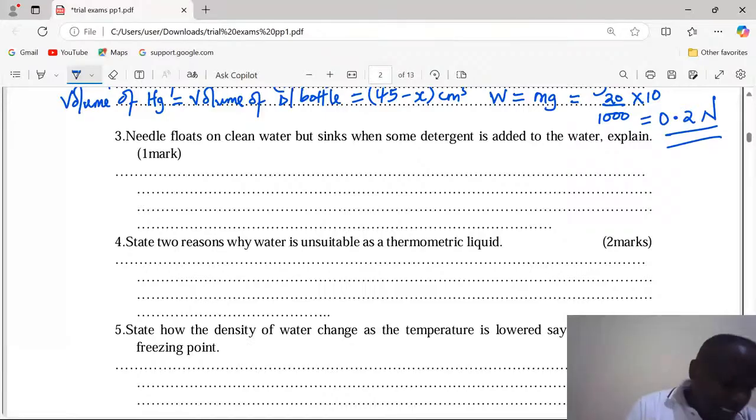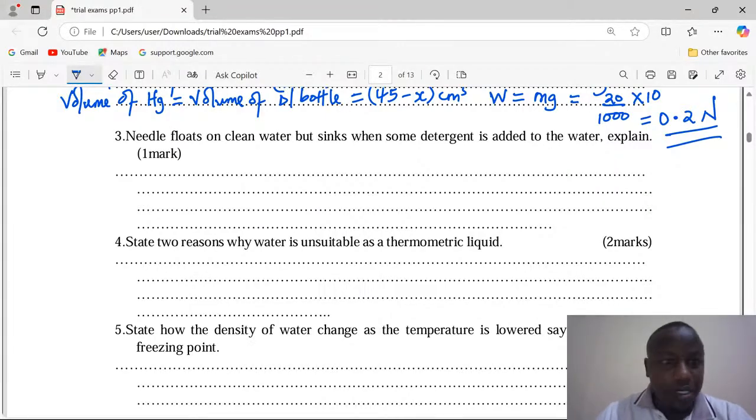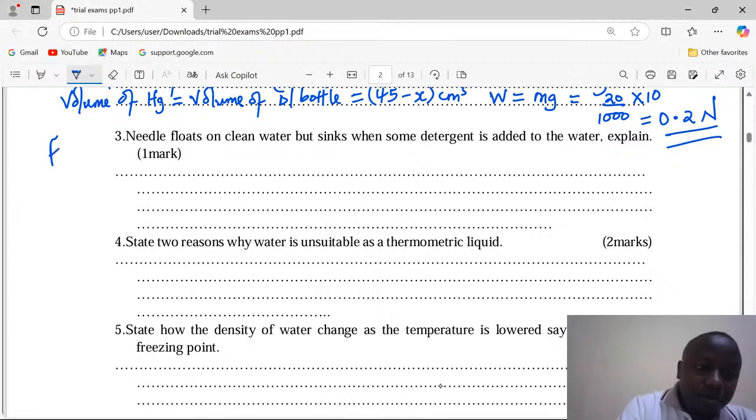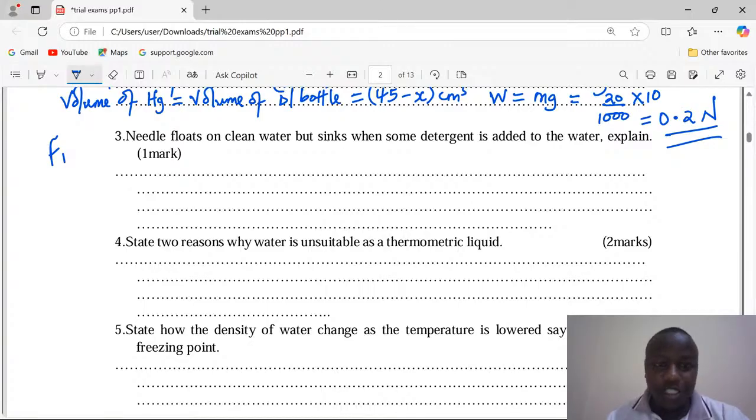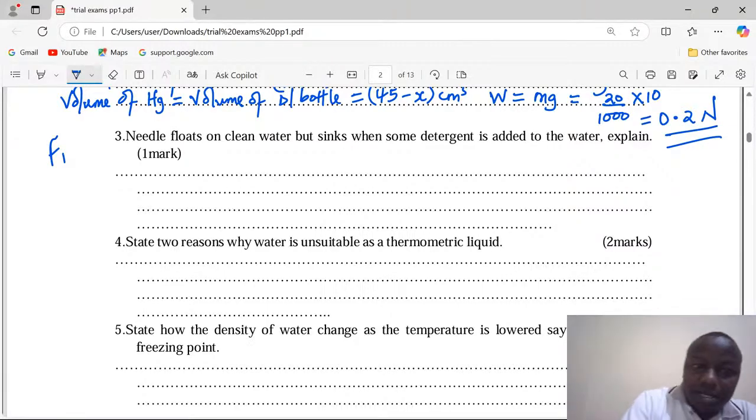Number 3, this is a question on forces, again from one work. A needle floats on clean water but sinks when some detergent is added to the water. Explain.